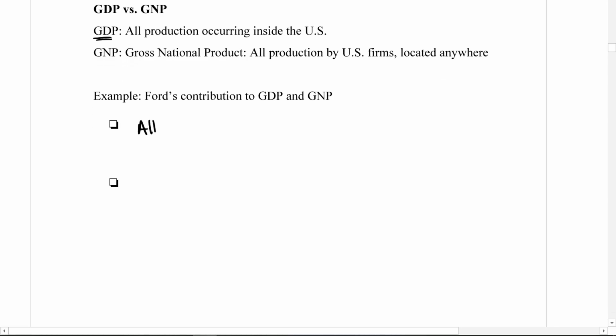All cars made by Ford anywhere, because Ford is an American firm, no matter whether they produce a car here or in Asia or in Europe or wherever else, that's going to be included in gross national product, GNP.